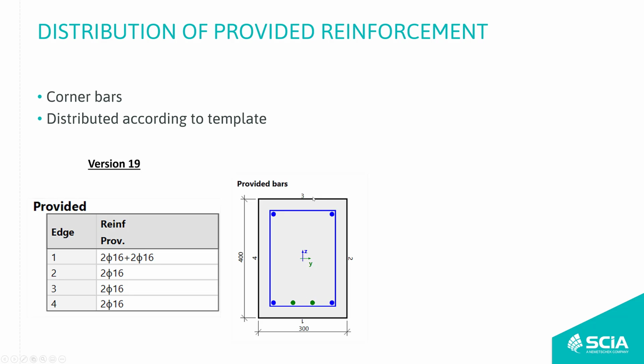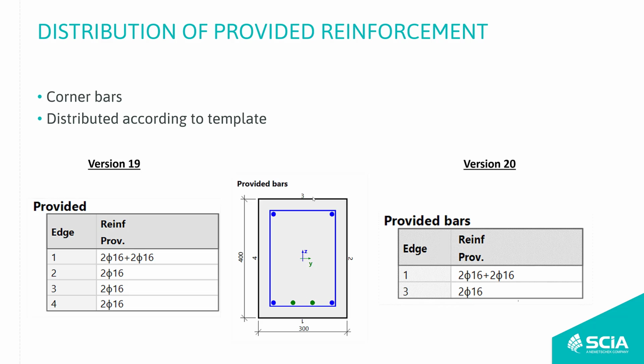It's because it's based on the corner bars, where I have 2 bars for H4, 2 bars for H3, etc. It could be misleading, therefore we decided to improve it, and in version 20 you will see this kind of table. So on H1 I have 2 corner bars and 2 between.